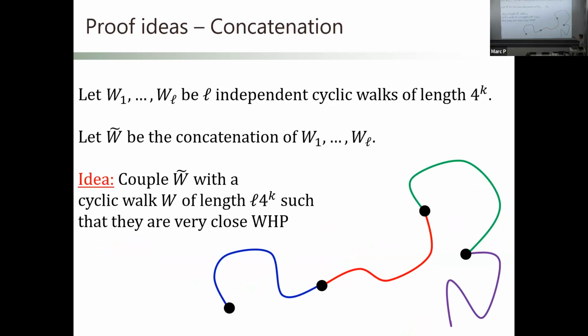These concatenated pieces are like a sum of IID terms, and sums of IID random variables are like Brownian motion. So if we knew that we could concatenate like this, then we would get a path that looks a lot like Brownian motion, which is what we need for the induction.